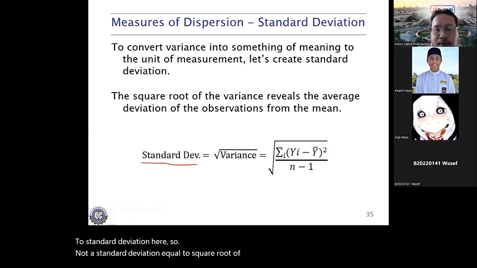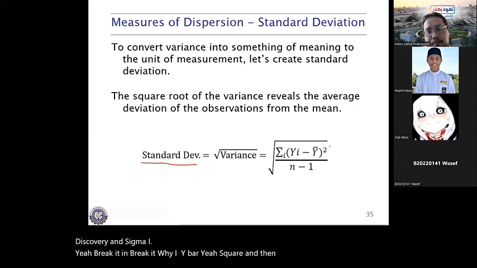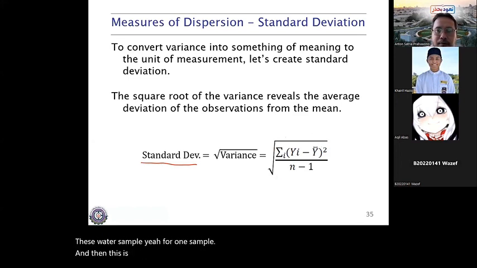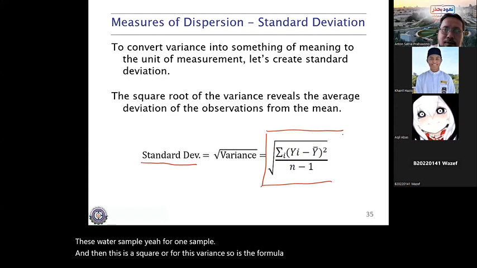This is variance: sigma, in the bracket, yi minus y bar, squared, then divided by n minus 1. This is for a sample, for one sample. And then this is the square root of this variance. So this is the formula for SD, or standard deviation.